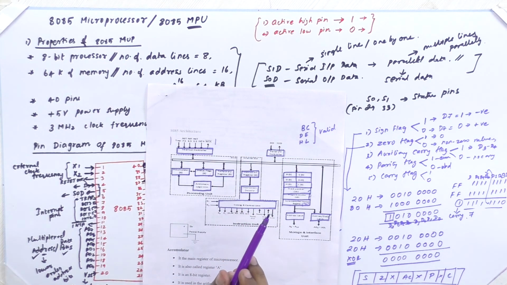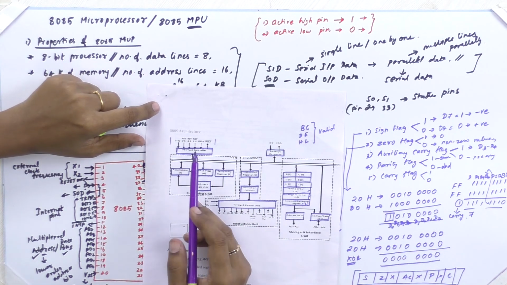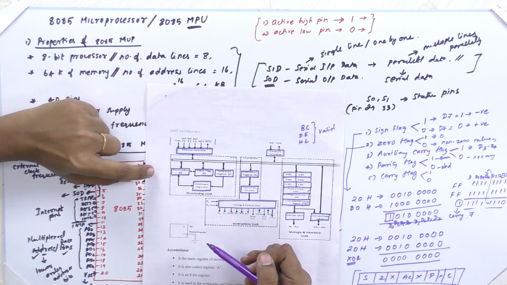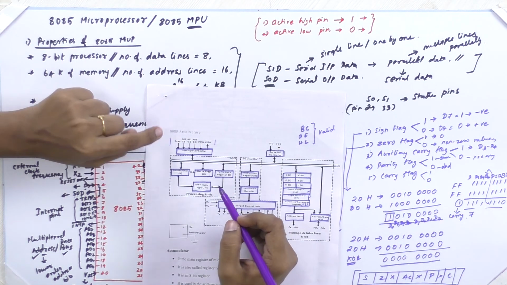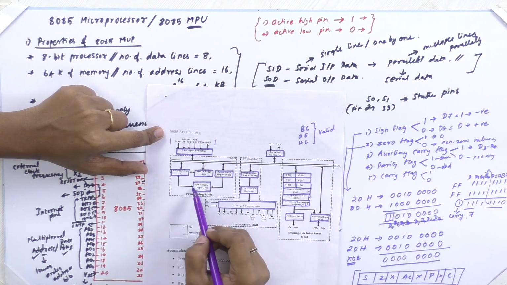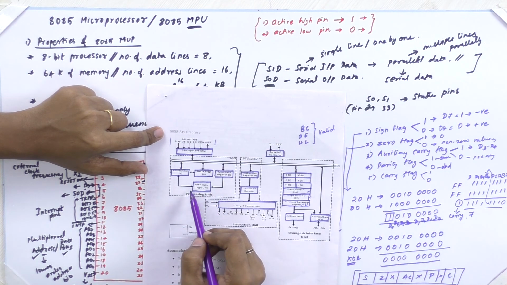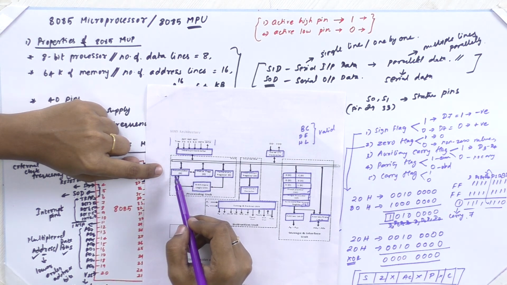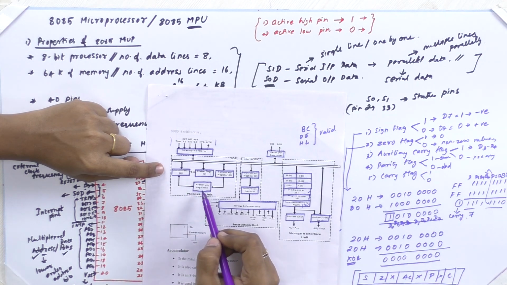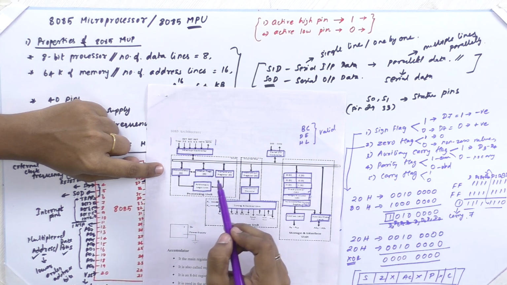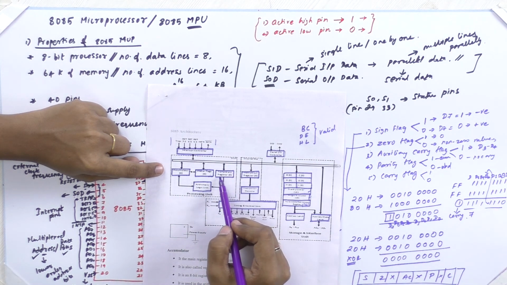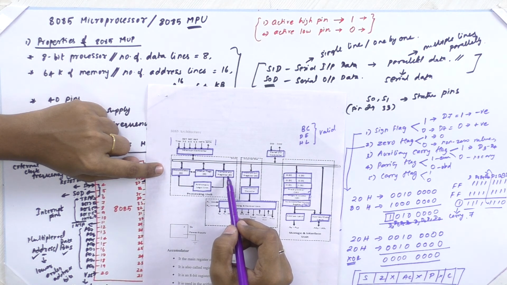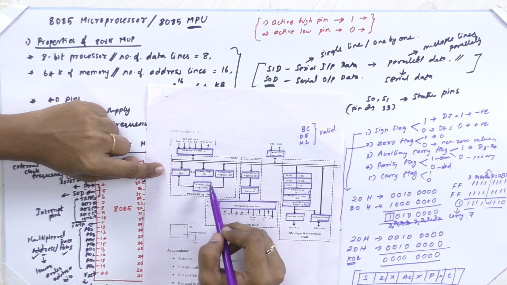Then the accumulator is the main register. It is used to hold one of the operand values required for these arithmetic and logic operations. And this is the temporary register. It is not available to the user, and it's used to store the intermediary results during data manipulation.